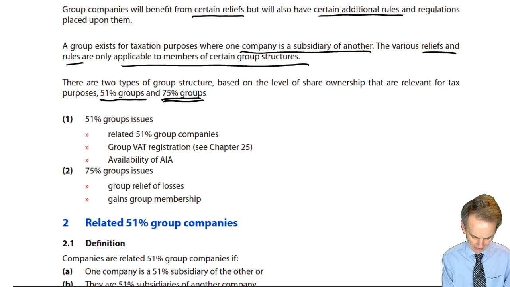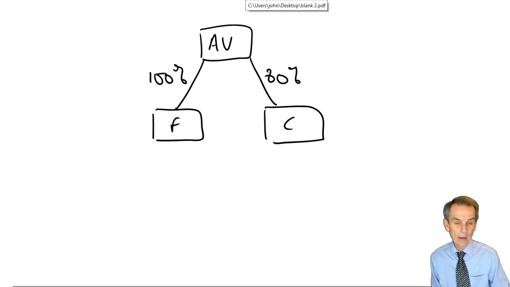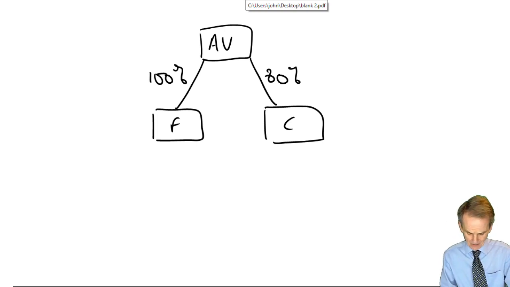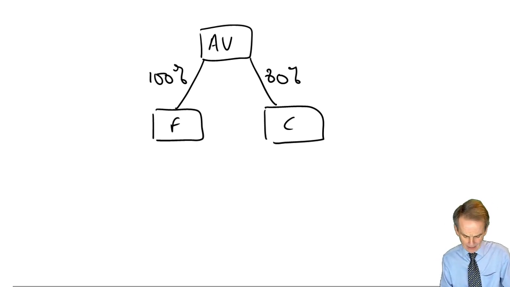Now, let's just have a little diagram here of a very basic group structure. We have our favourite group of companies, the AV group of companies there, with obviously two subsidiaries, Company F and Company C. We have indeed AVFC in terms of our particular group.